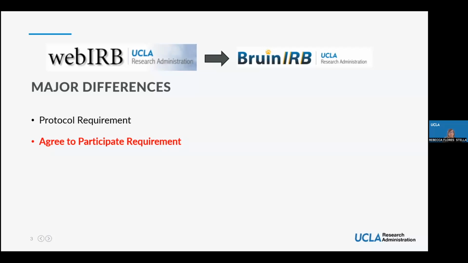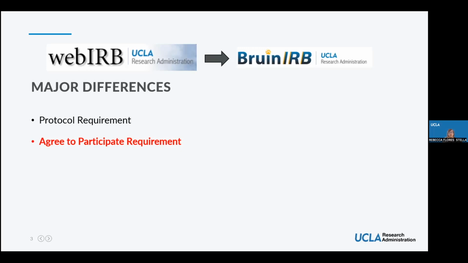Now, for many of you who conduct biomedical research, you will simply upload your sponsor's scientific protocol, and then as necessary to address special populations, informed consent, or HIPAA concerns, you'll upload what we are calling IRB supplements. So these deal with the regulatory considerations for these special circumstances in addition to your scientific protocol.